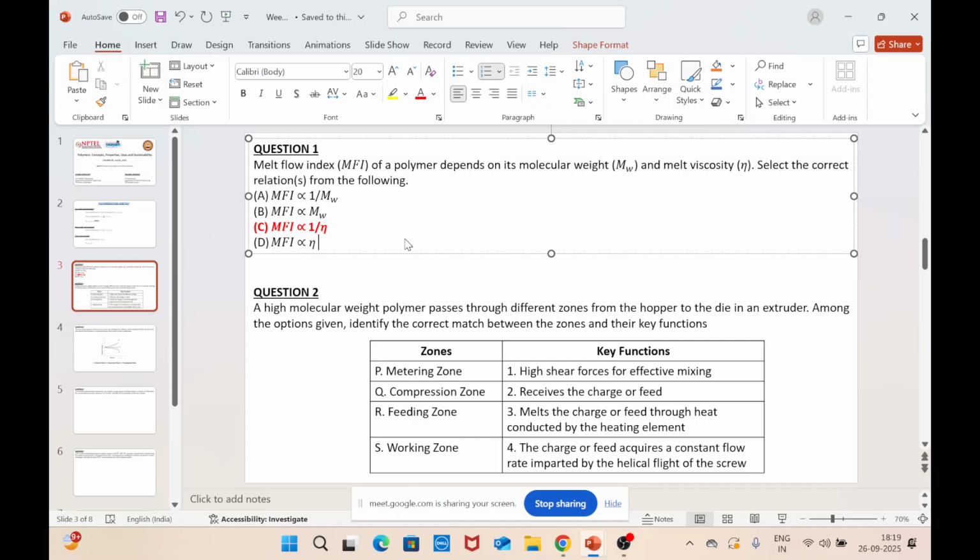It's going to be inversely proportional because the higher molecular weight of the polymer will make it difficult for the polymer to move. So higher the molecular weight, the more difficult it will be for the polymer to move out or flow. So the melt flow index is lower, which means it's going to be inversely proportional.